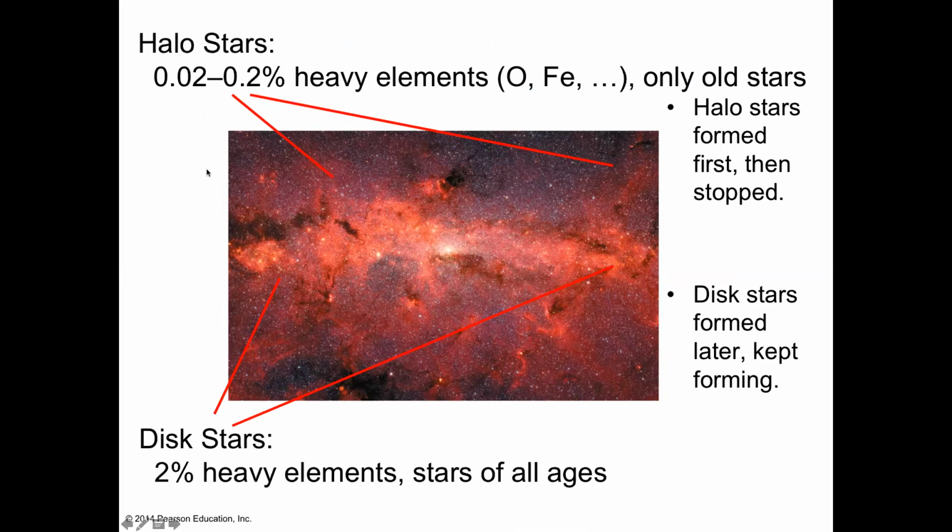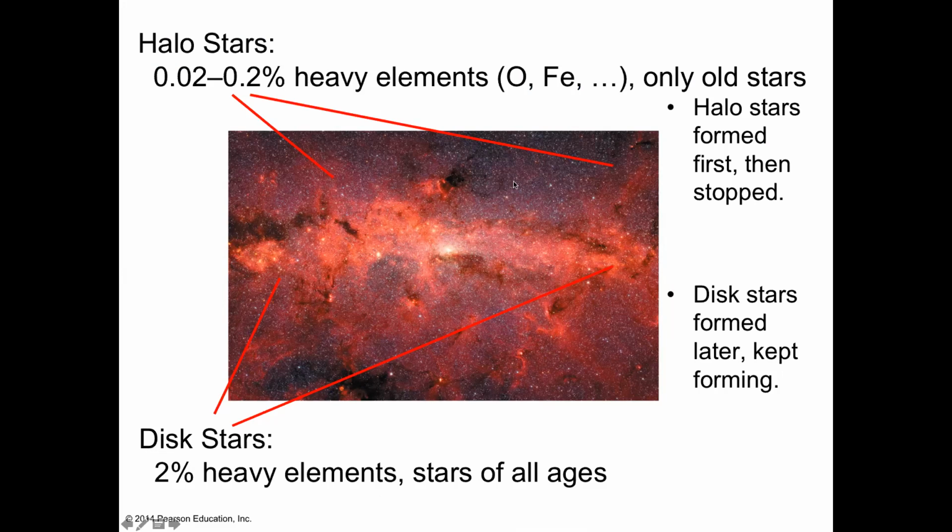The disk stars then began to form, and all disk stars have an age of less than 10 billion years, roughly. And all of the current star formation is going on in the disk of the galaxy. On average, disk stars have 10 to 100 times more heavy elements and have stars of all ages, from very young to very old even. And so that's the rough structure of the Milky Way.